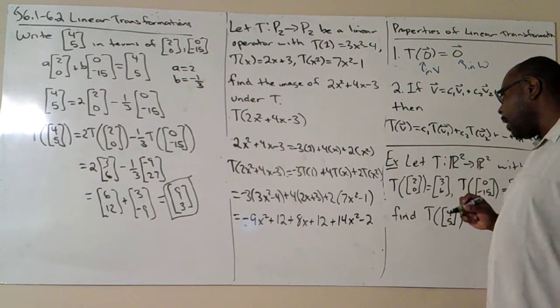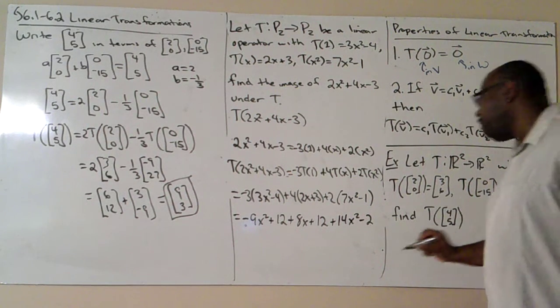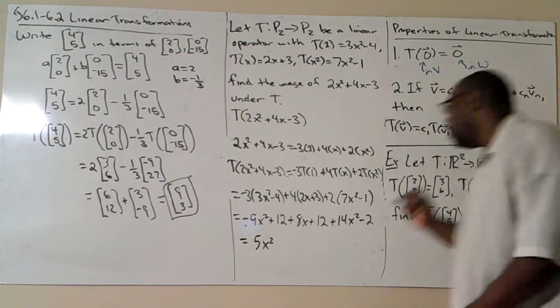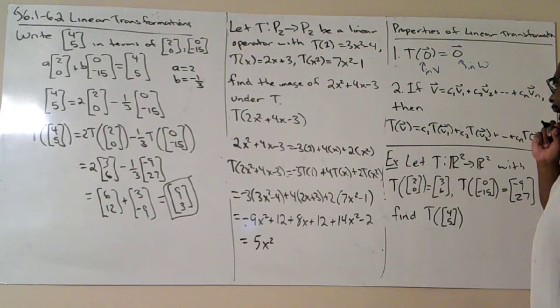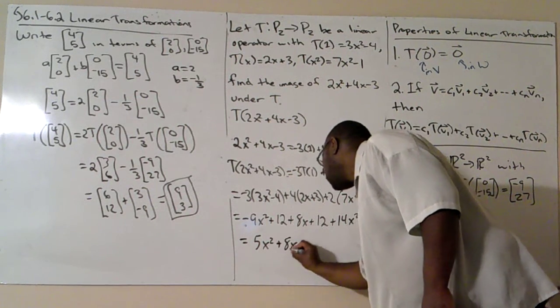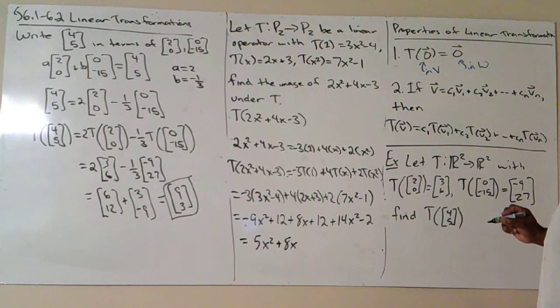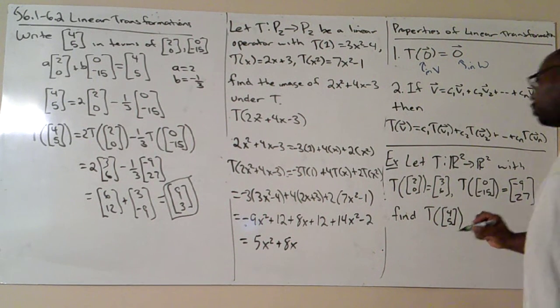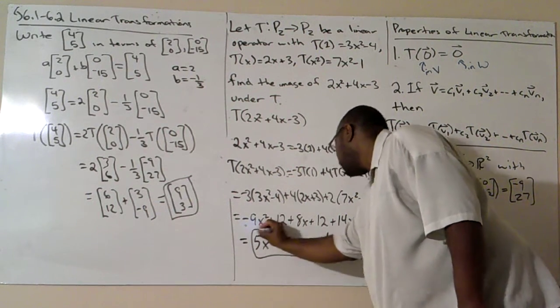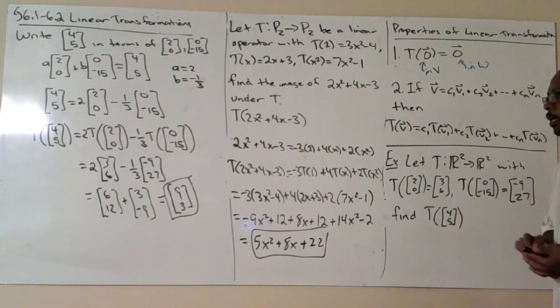And let me get all my terms together. I think that's going to be 5x squared plus 8x. And then I have 24 minus 2, plus 22, if I did that correctly. Okay, and that is right.